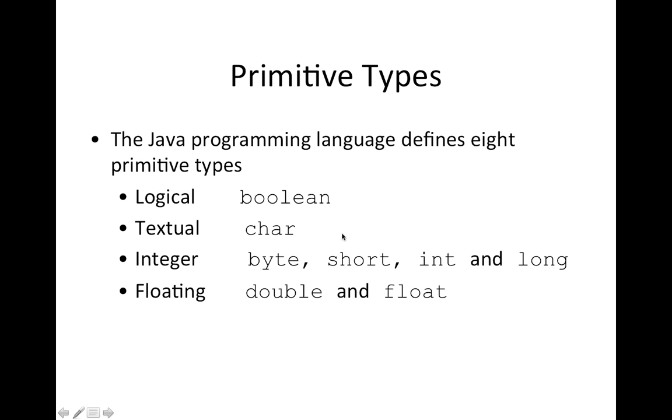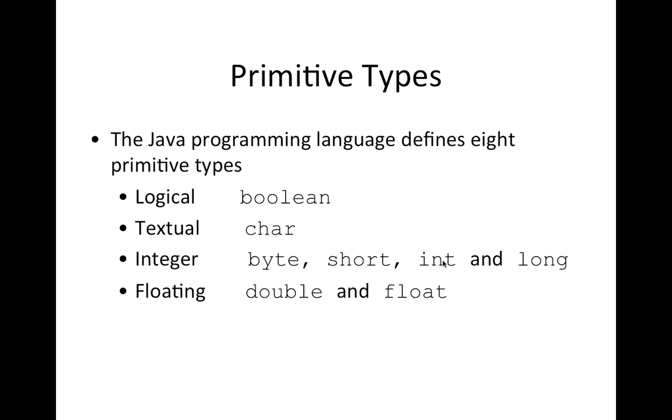For integers, if you know you're going to use only 8 bits, you use byte. If more than 8 bits, you use short. If 32 bits, it's int. Long is 64. And for decimals, float is 32 and double is 64.